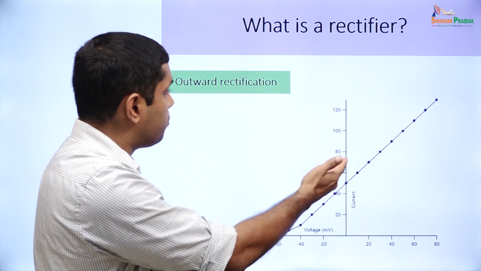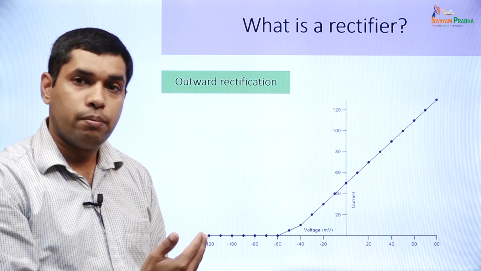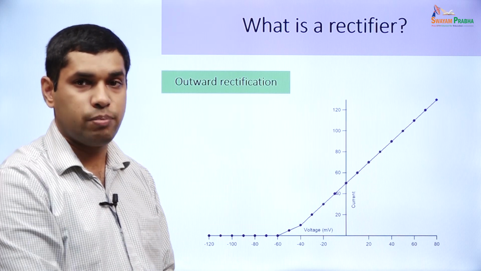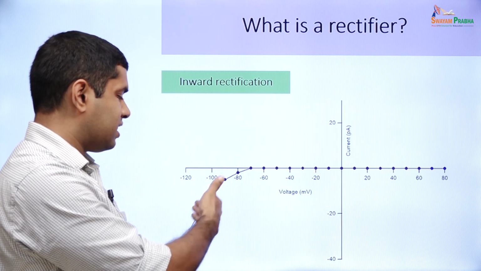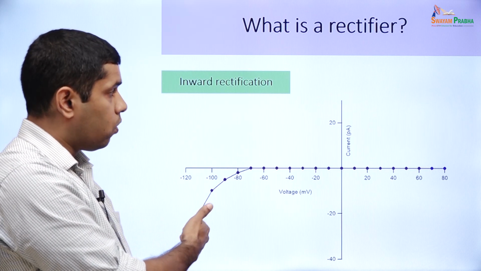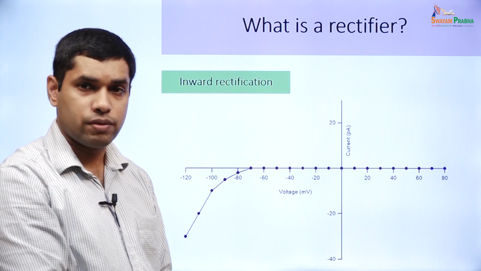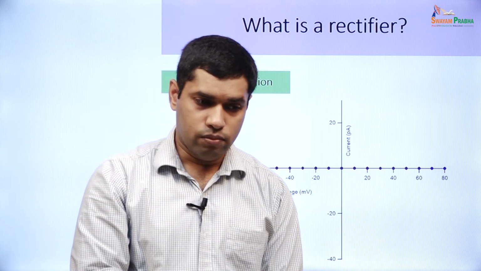So this is an example of outward rectification, or an ion channel that passes only an outward current preferentially. If we look at this graph, this is an example of a channel that permits only an inward current, or this is inward rectification.